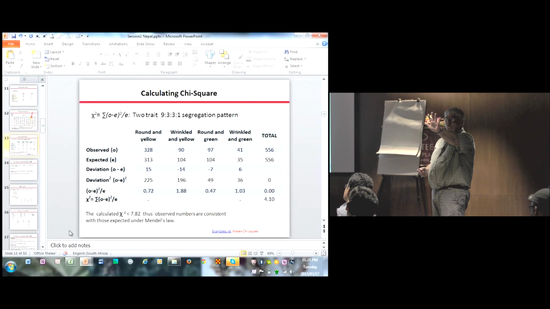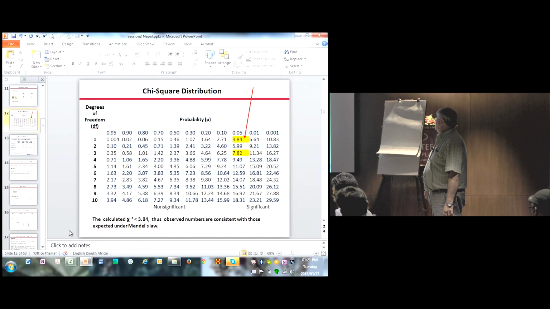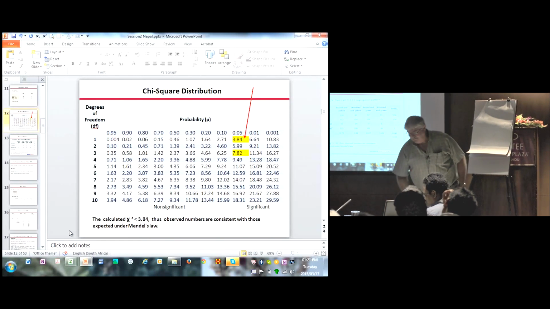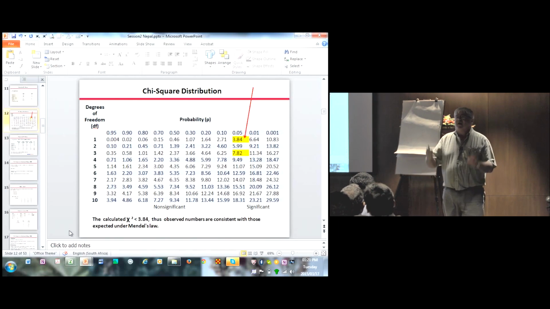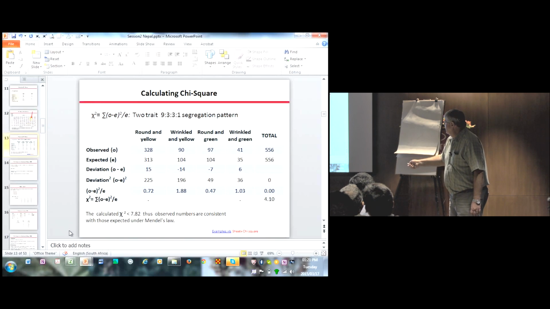I had 4 patterns that I was measuring. I lose my 1 degree of freedom. I'm now on 3, and you'll see that the chi-square that I require is 7.8. And because that calculated chi-square value that I had there was 4.10, it's smaller than 7.8, I can say my segregation pattern was within that model.